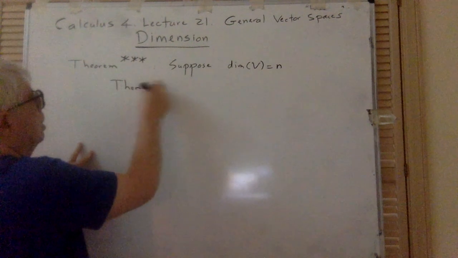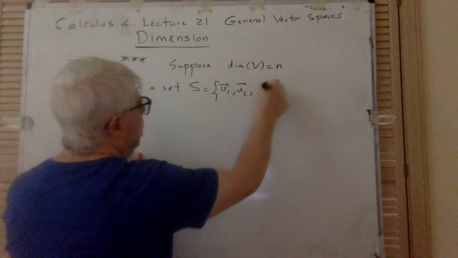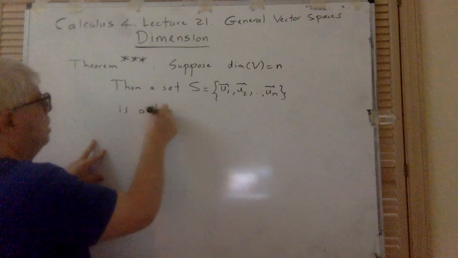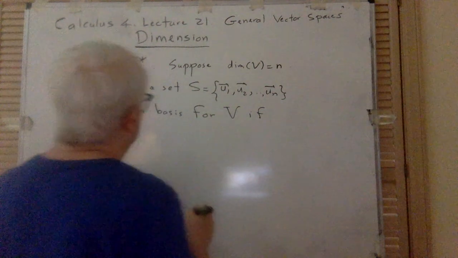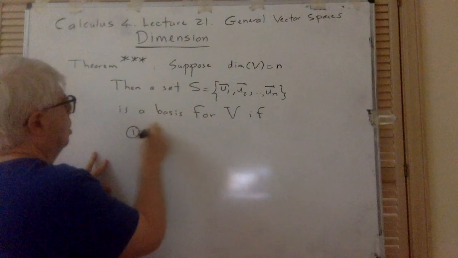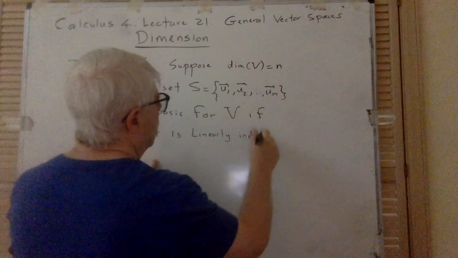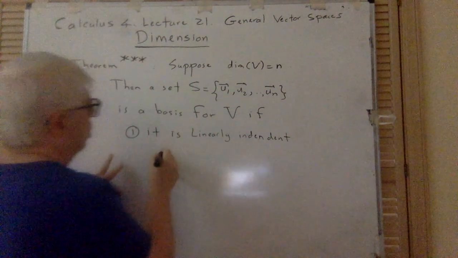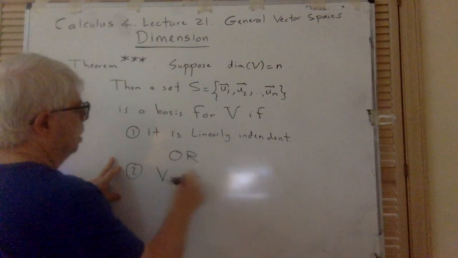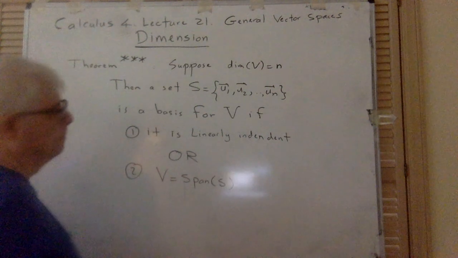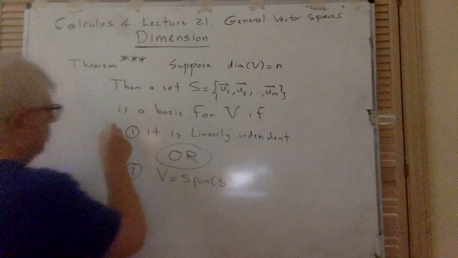Then a set S, u1, u2, ..., un is a basis for V if one, it is linearly independent, or two, V is the span of S. So this or, let me put a circle, this or here means that one is enough.